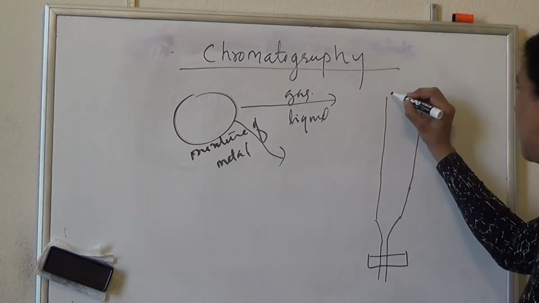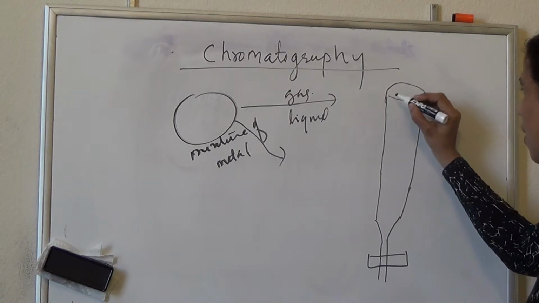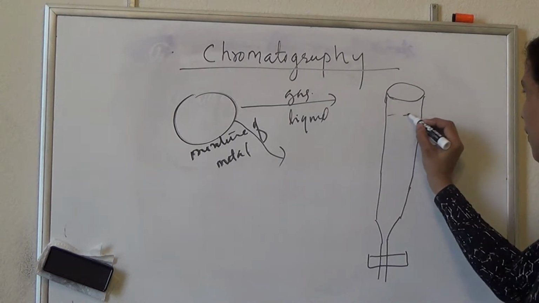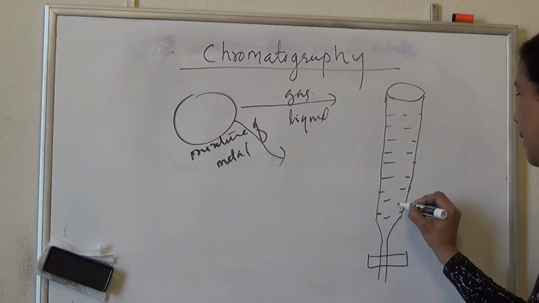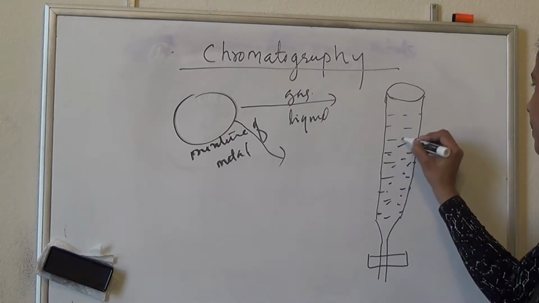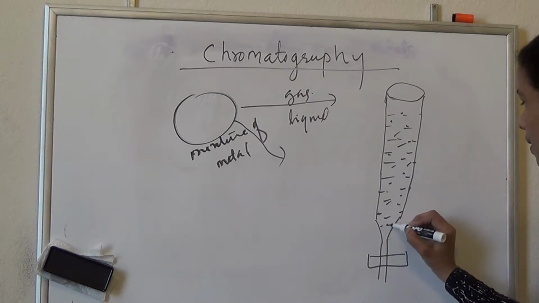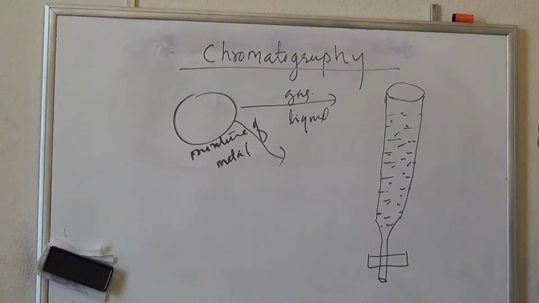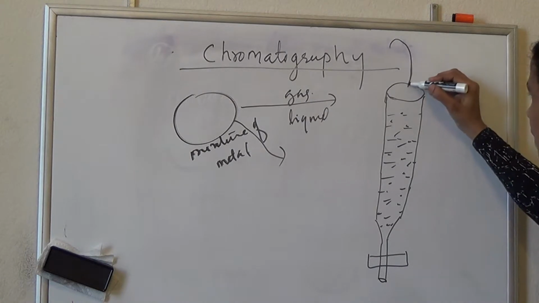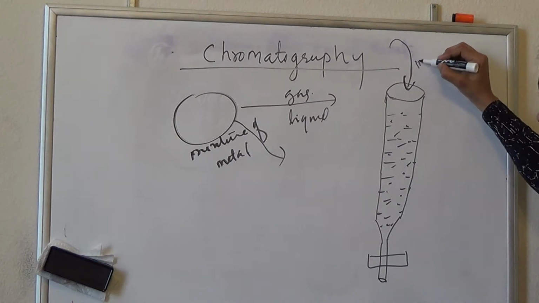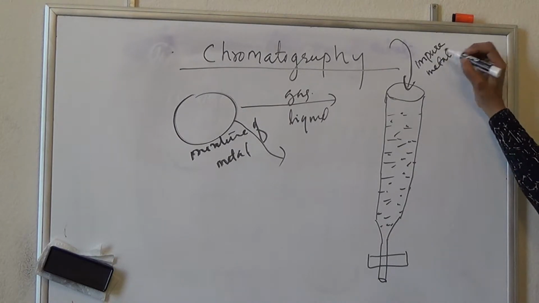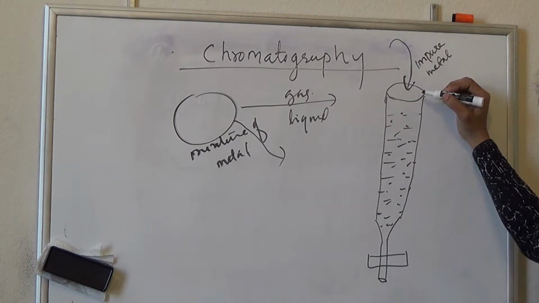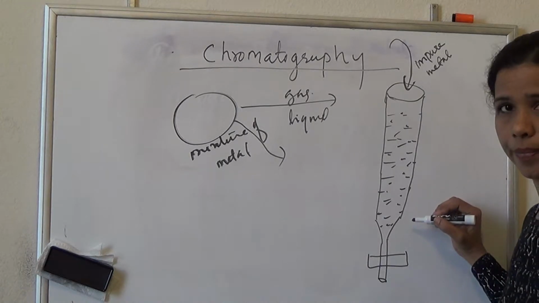This adsorbent is filled in a tube-like device, so that is called column chromatography. It is filled with adsorbent. Then we put the solution of the impure metal mixture through the top of the chromatographic column.